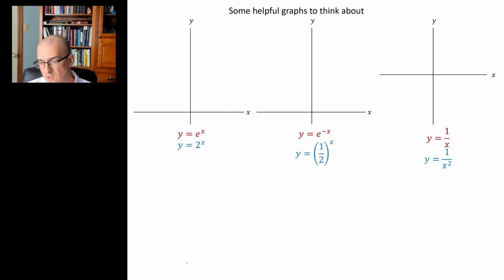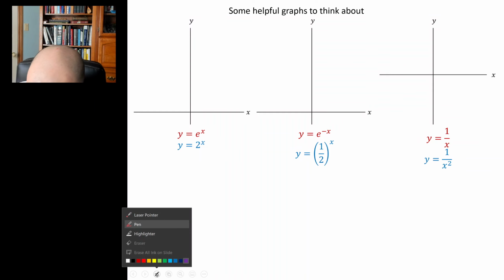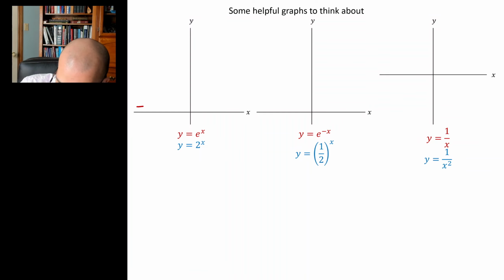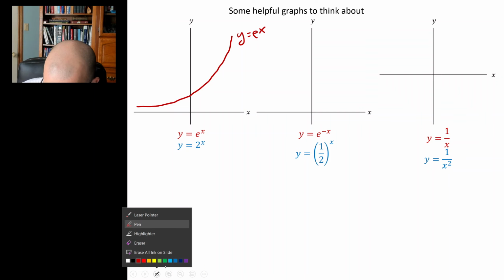All right. I'm going to put down some graphs just to help you think about limits to infinity. So e to the x looks like this. 2 to the x looks similar.